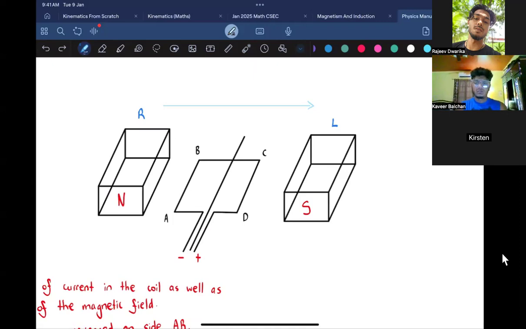It might be the same direction as the positive. I'm not hearing you properly. It does flow in the same direction as the positive charge. So tell me, negative to positive or positive to negative?